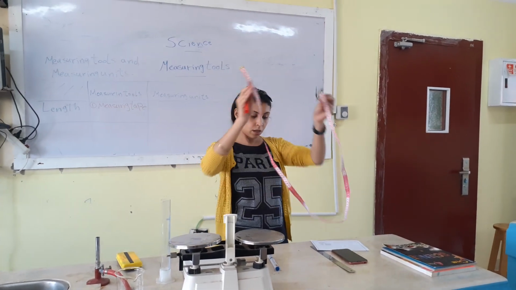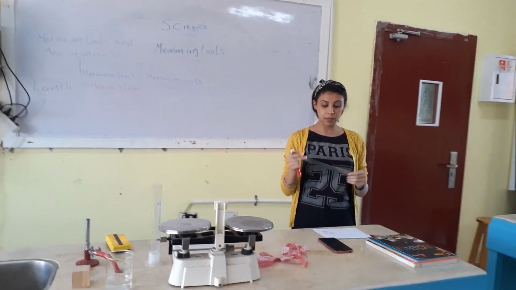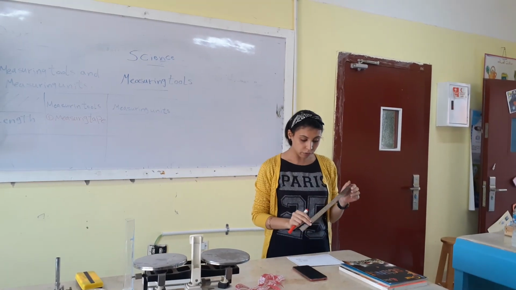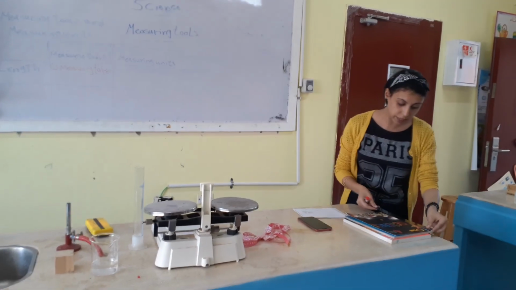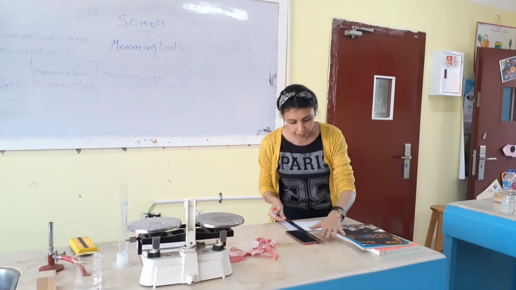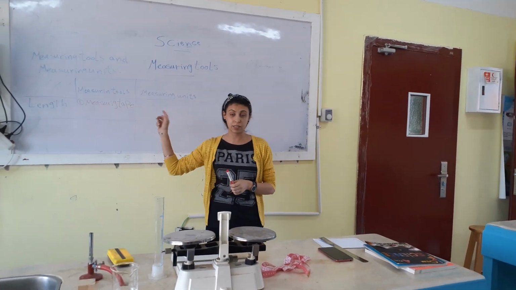Okay? Number two, this graduated ruler is for short lengths, if you want to know the length of this book or this mobile.